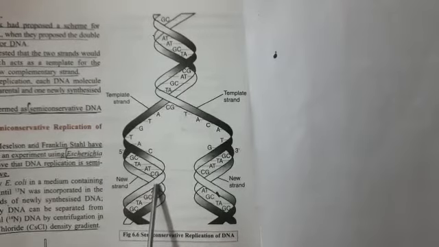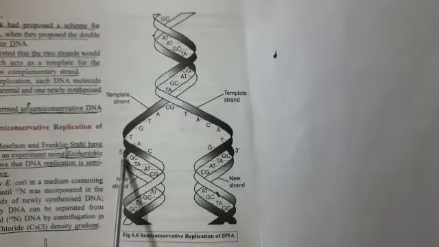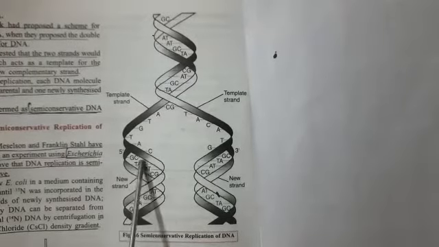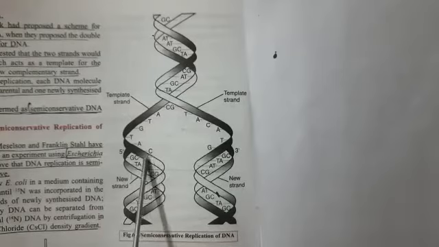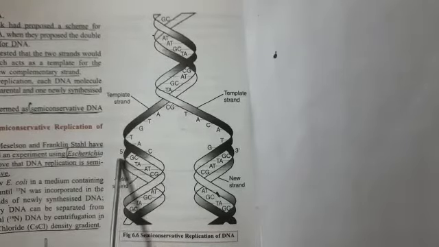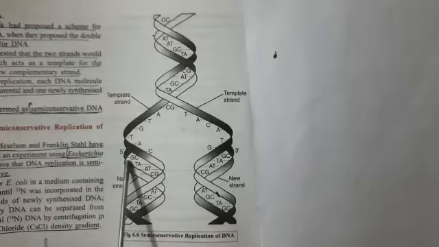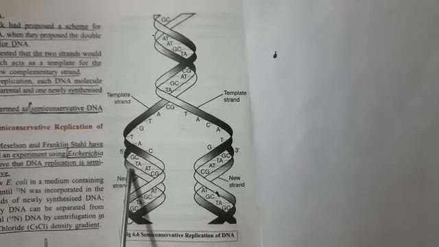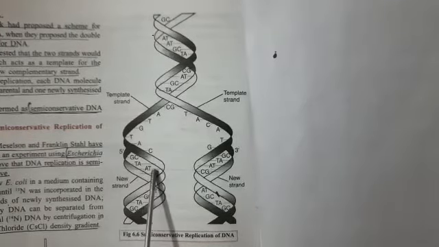If the template strand has bases, like here, a cytosine, ultimately in the newly synthesized strand there will be the formation of the base pair G. If there is an adenine, there will be thymine.